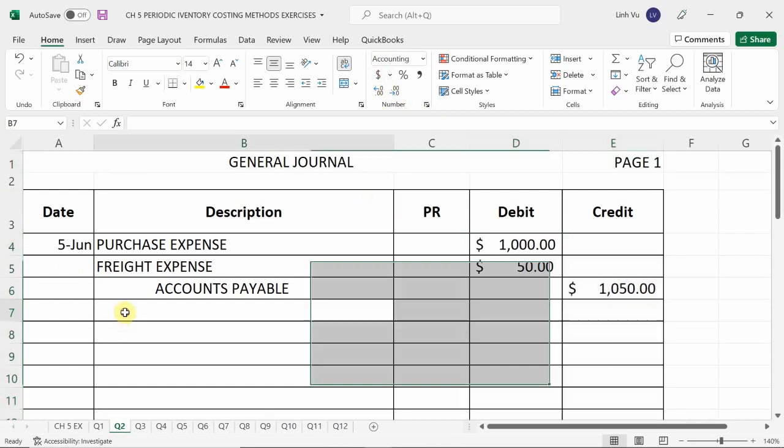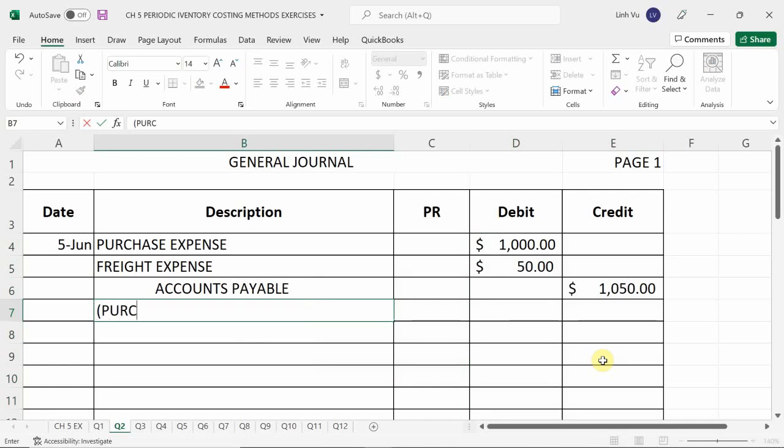So in this case, I'm going to leave a note here saying that I purchased 1,000 toys at $1 each. Okay. So then we need to plug it into our inventory worksheet now.